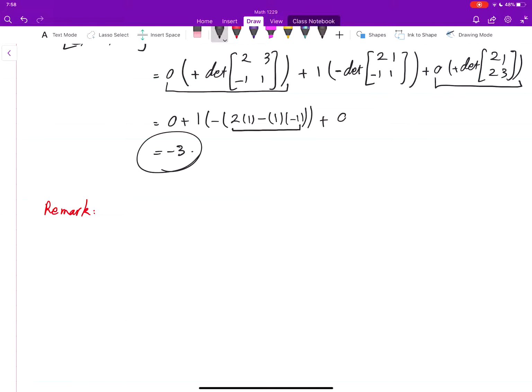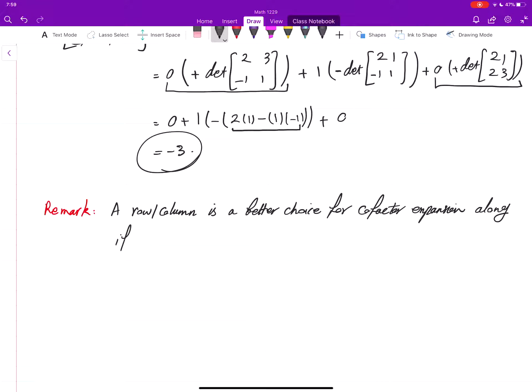A row or a column is a better choice for cofactor expansion along if the row or column has more zeros.